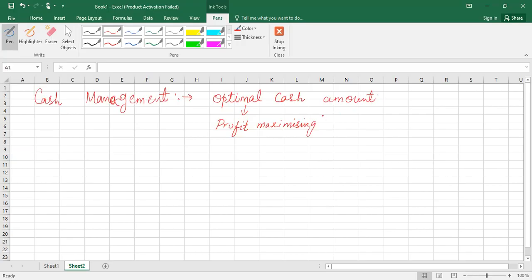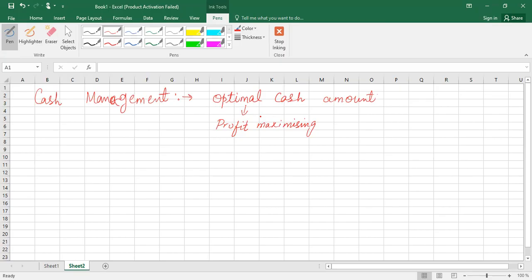A profit maximizing cash amount is an amount which will not cause you any kind of financial crisis. This is called the optimal cash amount. It means you will be able to settle your day-to-day liabilities, your utilities on time, and the salaries of the employees timely.